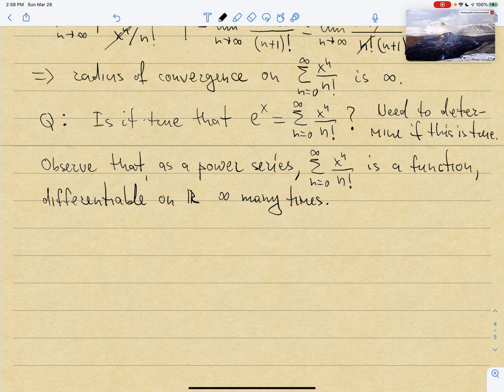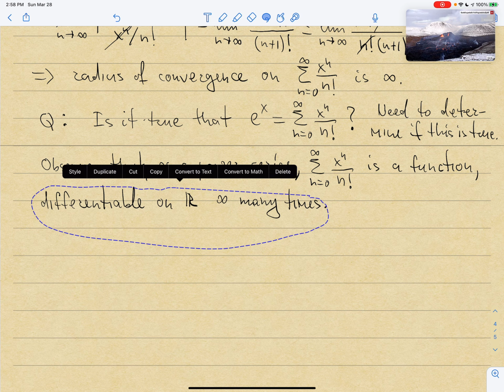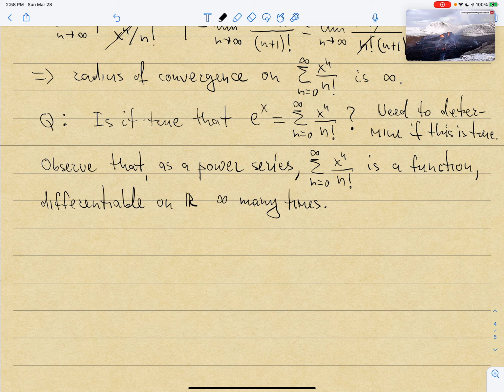Okay? All right, so let's take a derivative. So compute the derivative.